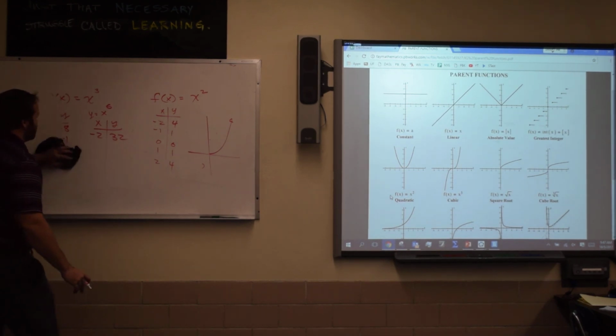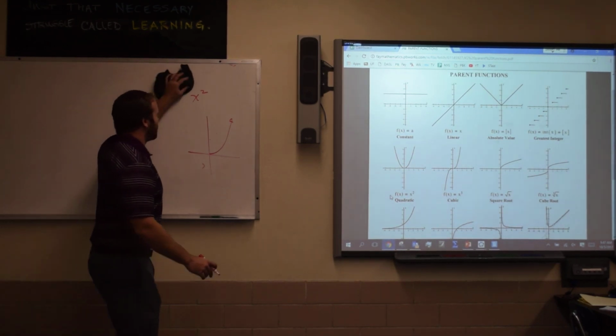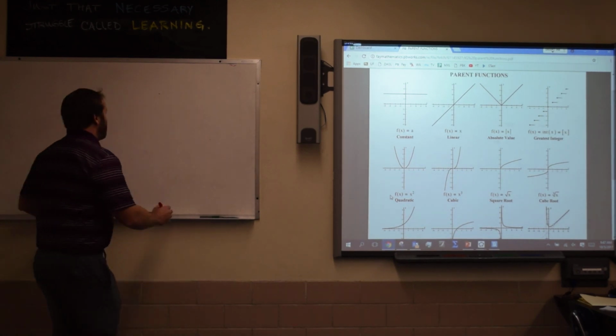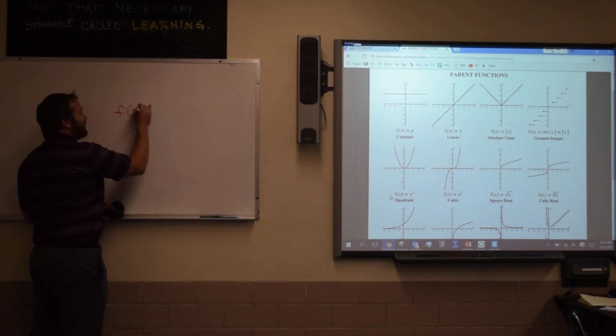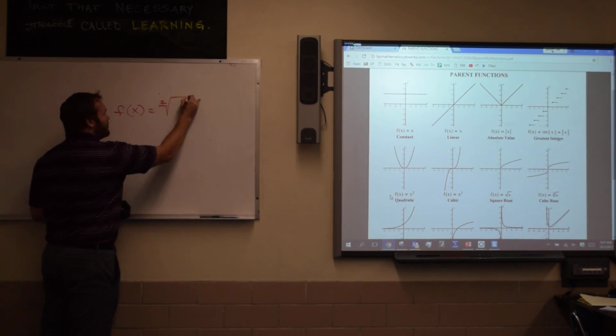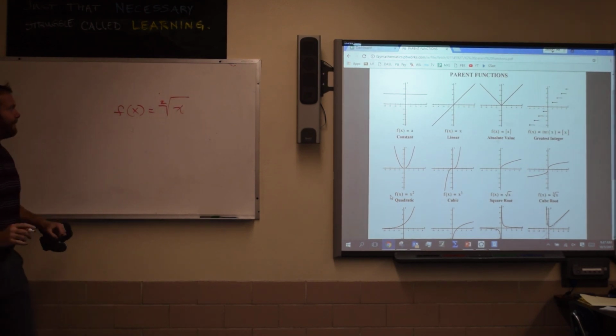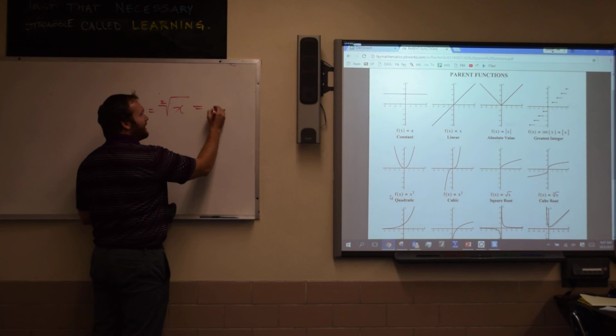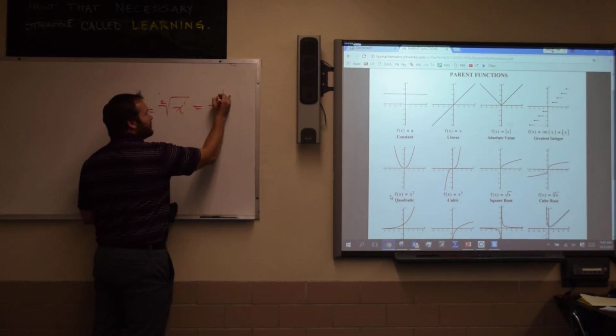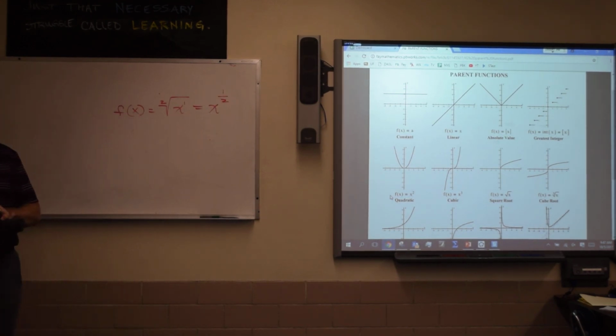Same thing happens with root functions. Okay? Root functions, let's say I have f of x is equal to the square root of x. Which we also know to be written as x to the 1/2. Okay? Those say the exact same thing.